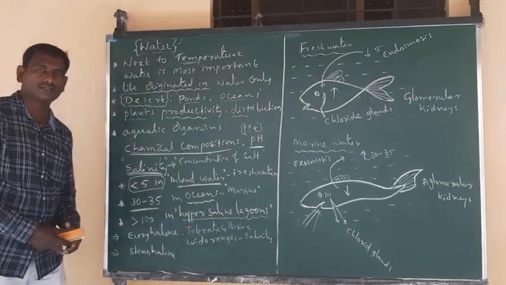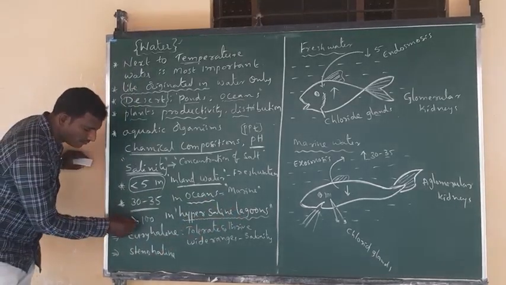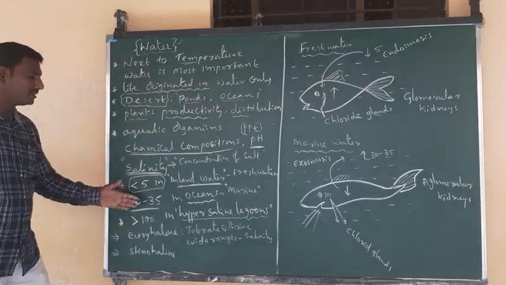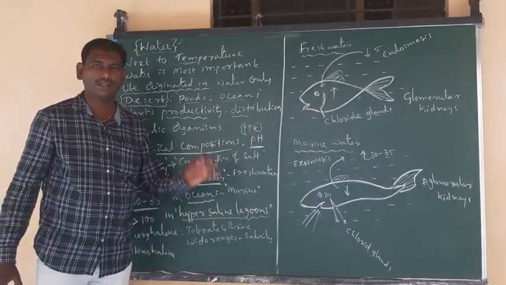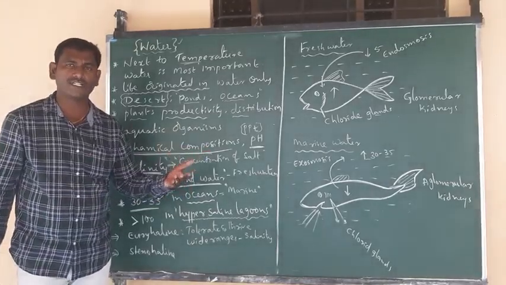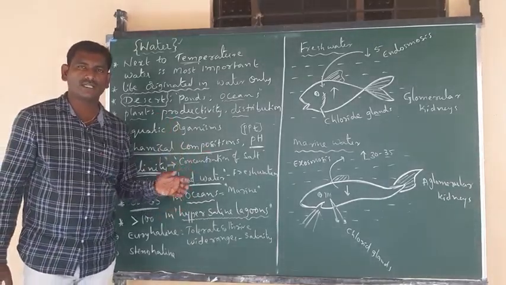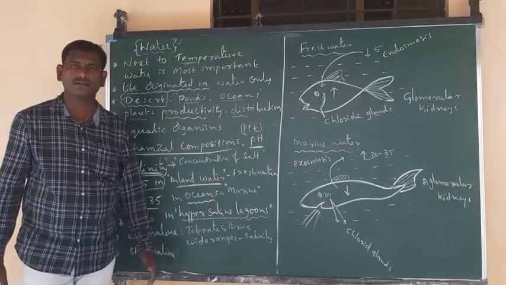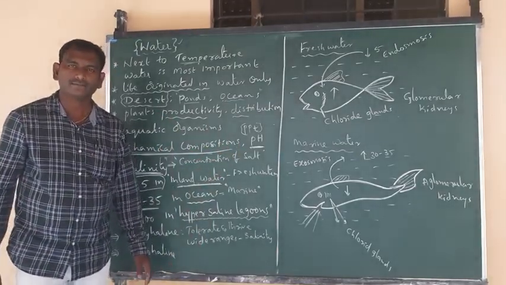In lagoons, the salt concentration is more than 100. So it varies in different types of water bodies: fresh water has less than 5, marine water has 30 to 35, whereas hypersaline lagoons have more than 100.